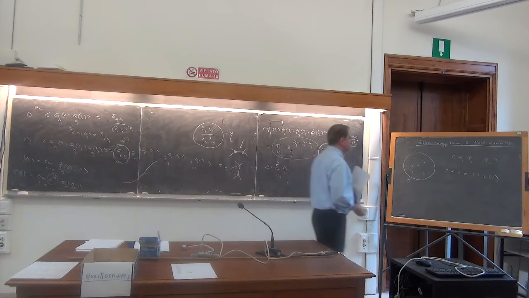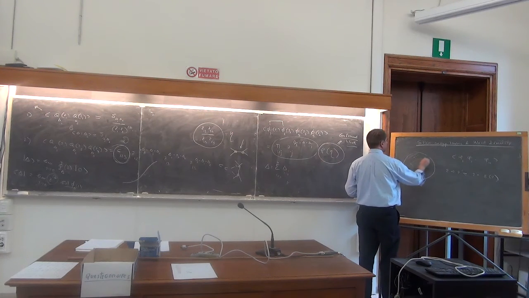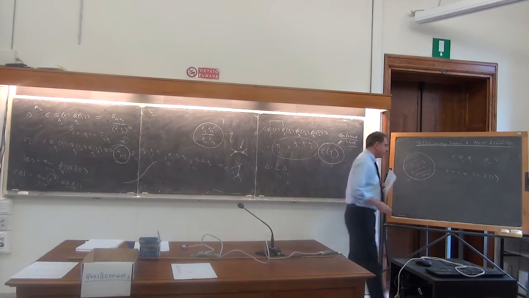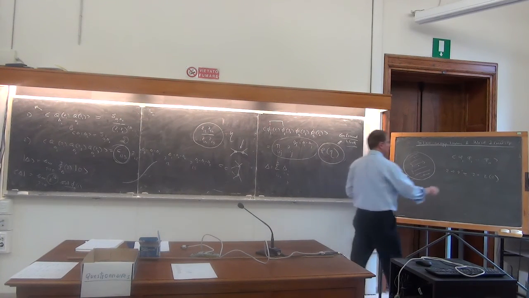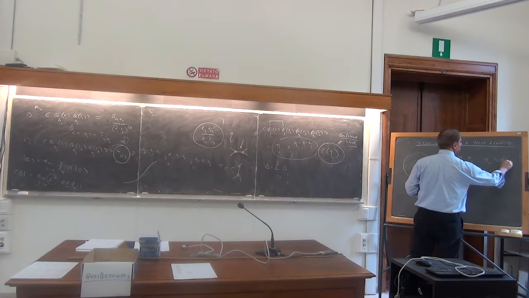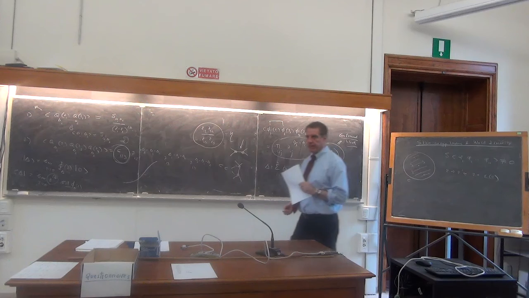However, I can choose this object to be analytic, say, in a certain domain. So this means that under this transformation, this object is not going to be 0.